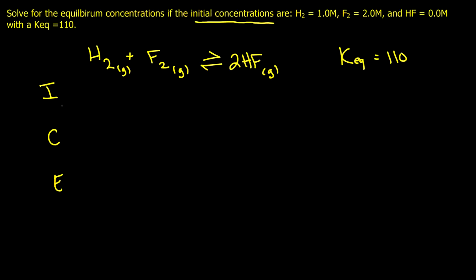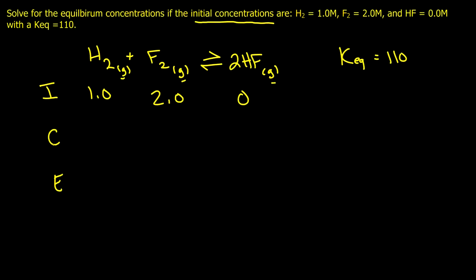I stands for the initial concentrations. So what are the initial concentrations? H2 is 1.0. F2 is 2.0. HF is 0. All right, check your states of matter. Everything is a gas. Everything will be used. Make sure your equation is balanced.